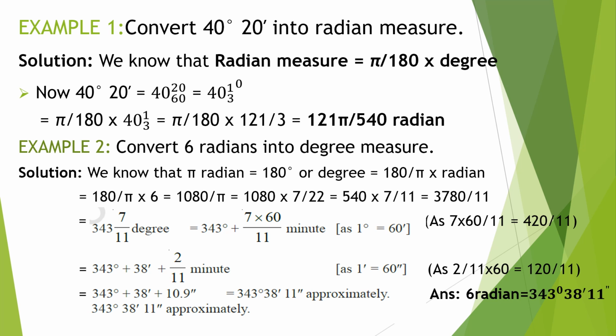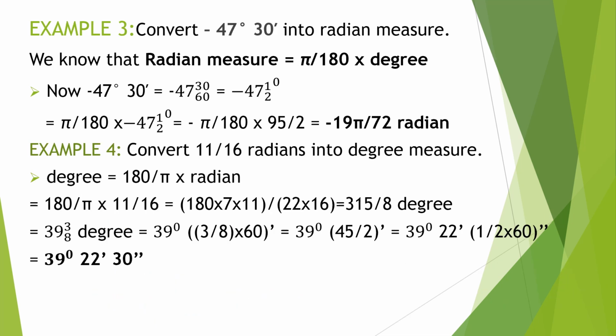So 2 by 11 into 60, which gives 120 by 11. Which is approximately 10.9. So now we have ultimately 343 degree, 38 minutes and 10.9 seconds. So the degree measure for 6 radians is approximately 343 degree, 38 minutes and 11 seconds.